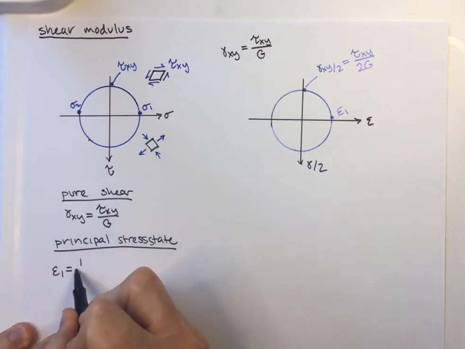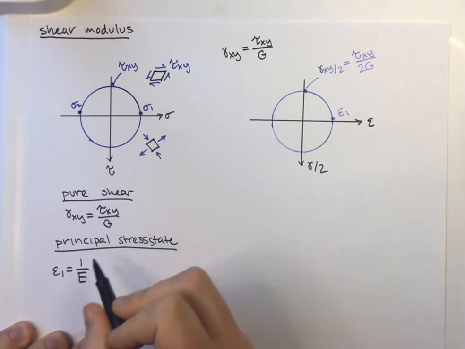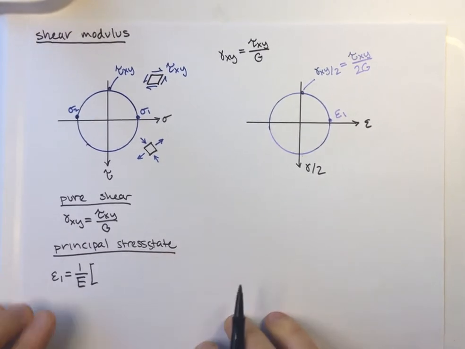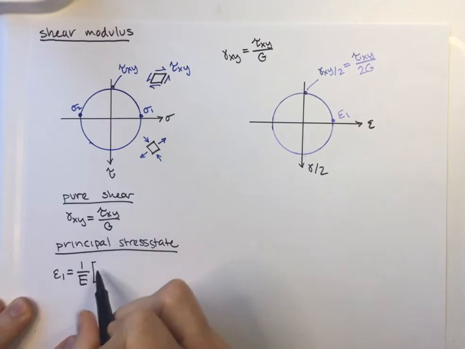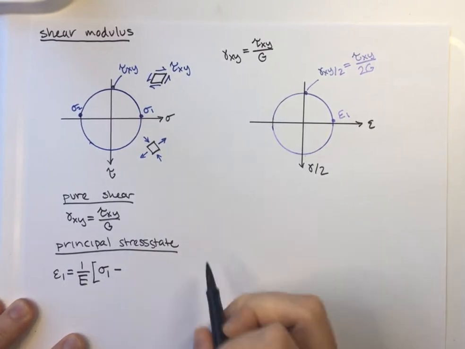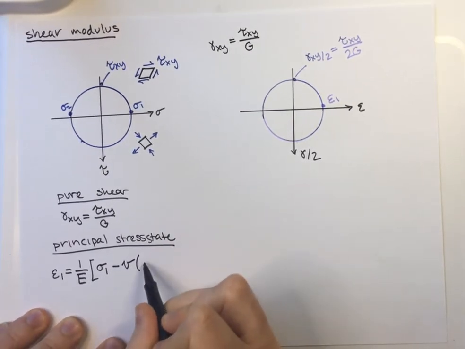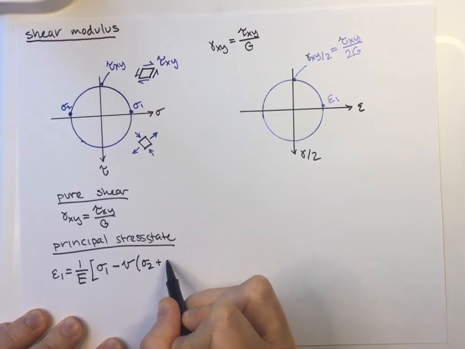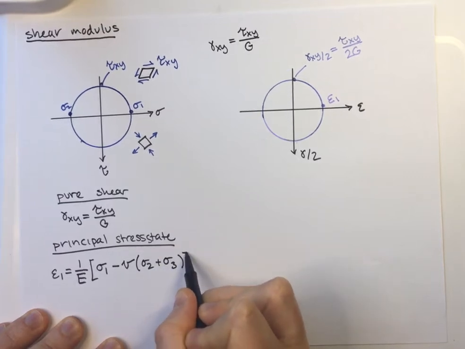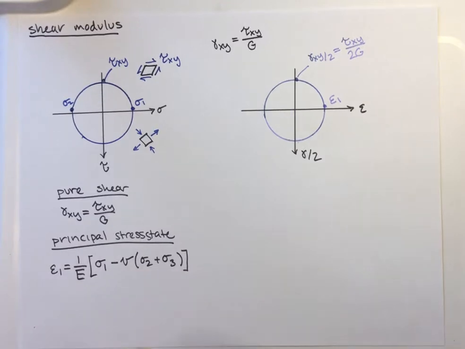So this would end up looking like 1 over E, the elastic modulus, times the stress that's also in that direction, which would be sigma 1. And then we would need to subtract off nu times sigma 2 plus sigma 3. So those would be the stresses in the other two directions.